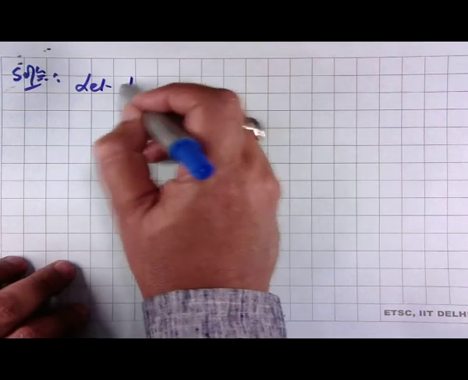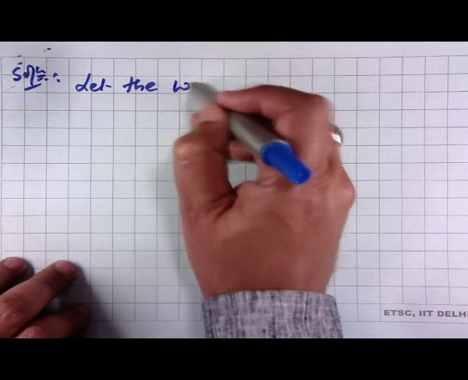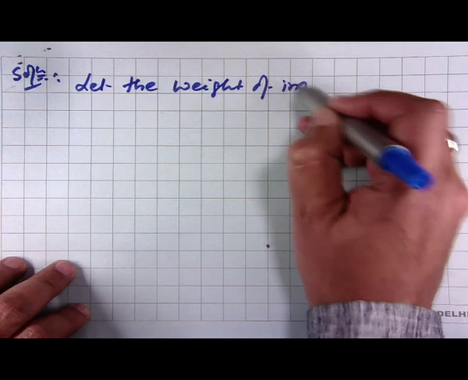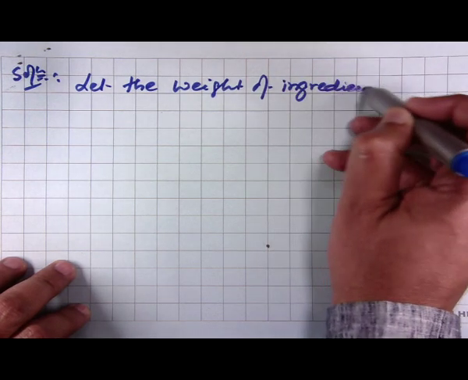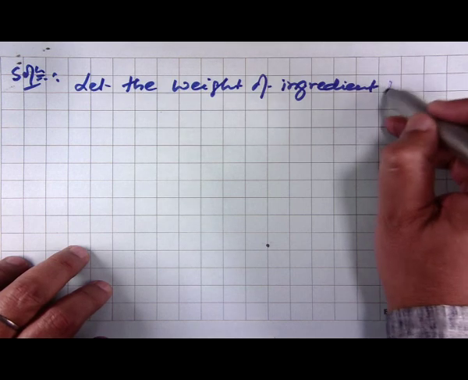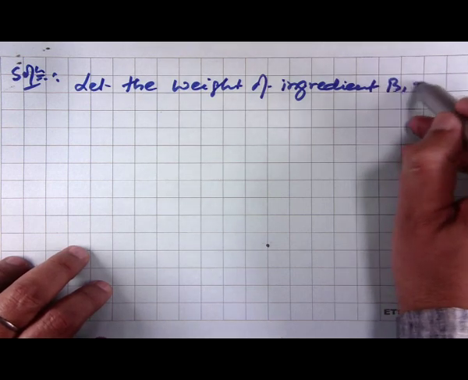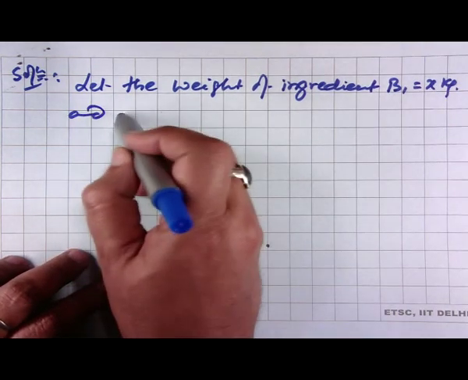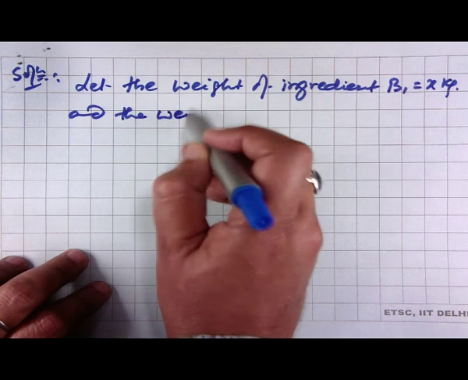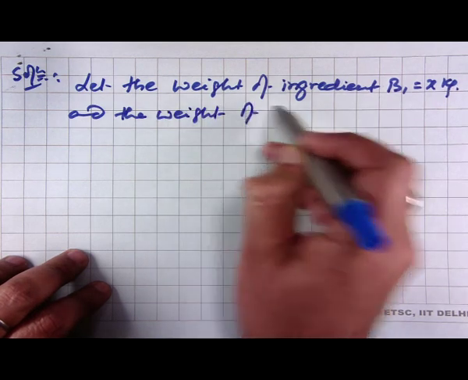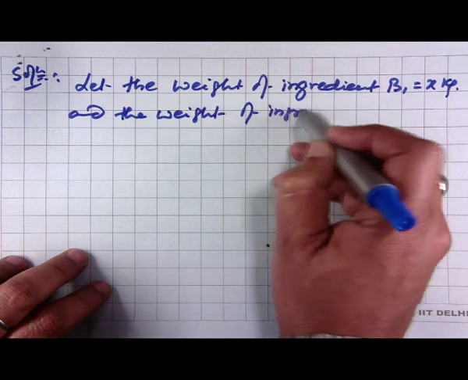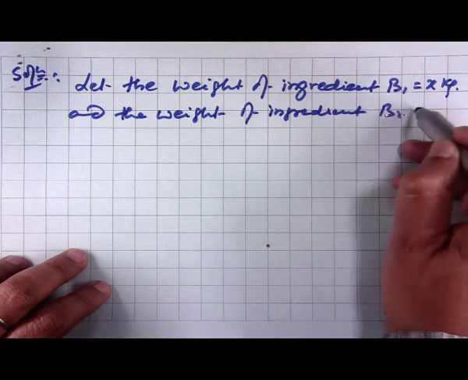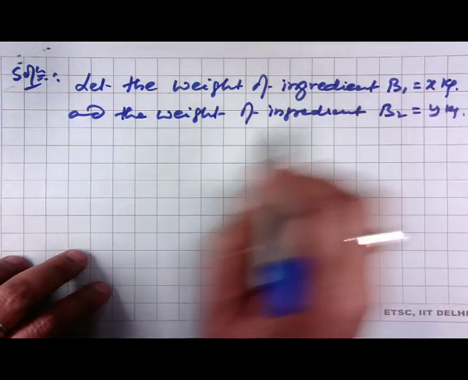Let the weight of ingredient B1 equal x kg and the weight of ingredient B2 equal y kg.